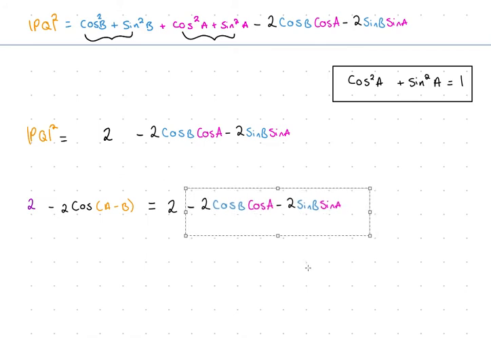So first thing I could do here is I could say subtract 2. So subtract 2 from both sides. And what that's going to do is get rid of this 2 and this 2. They both go to 0.